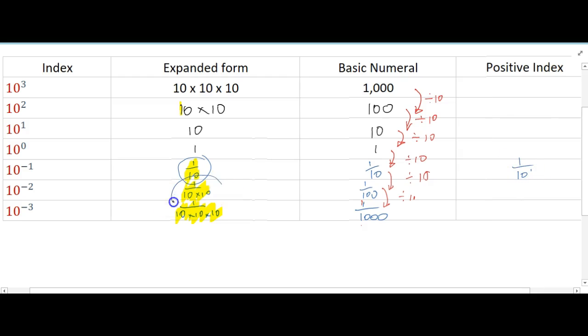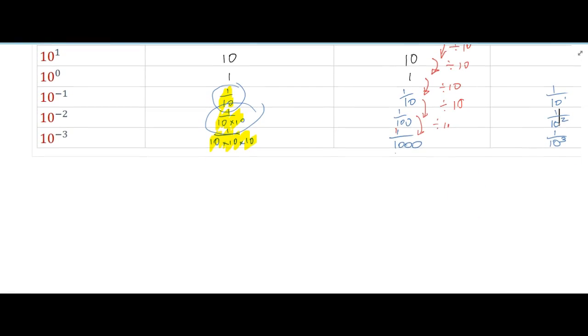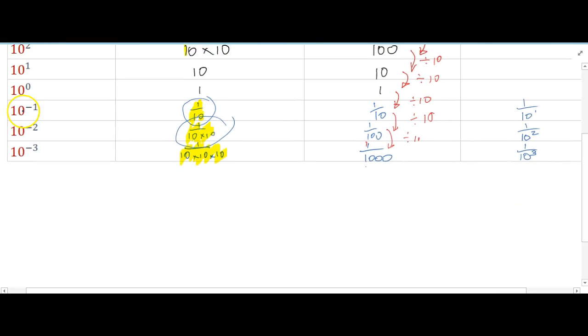This -2 is going to be 1 over 10 to the power of 2, or 1 over 100. And finally, 1 over 10 to the power of 3. So there's a general rule: 10 to the power of -1 is equal to 1 over 10 to the power of +1, and 10 to the power of -2 is 1 over 10 to the power of +2.